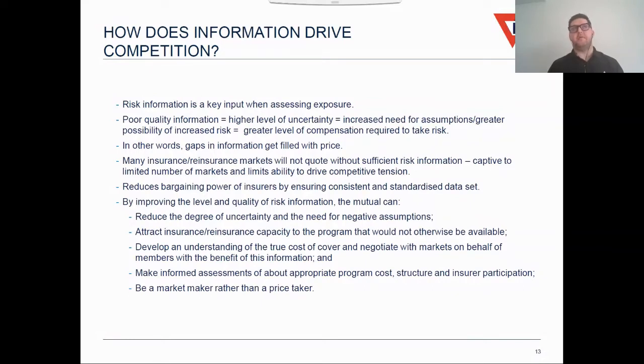So they really need to understand the numbers that sit in front of them so that they can then say, okay, we can price this risk with some degree of certainty.